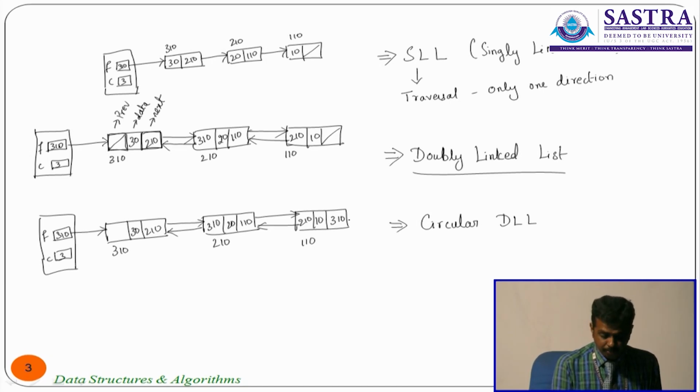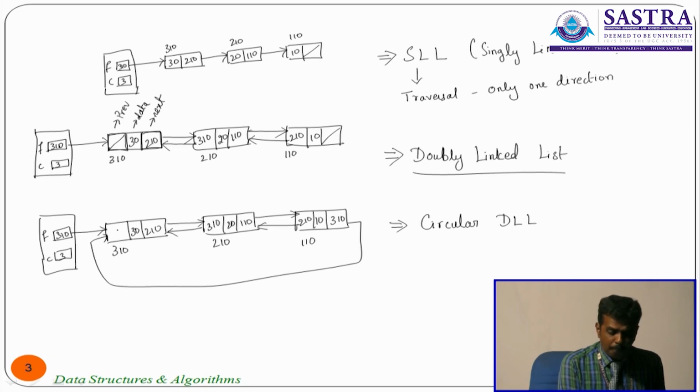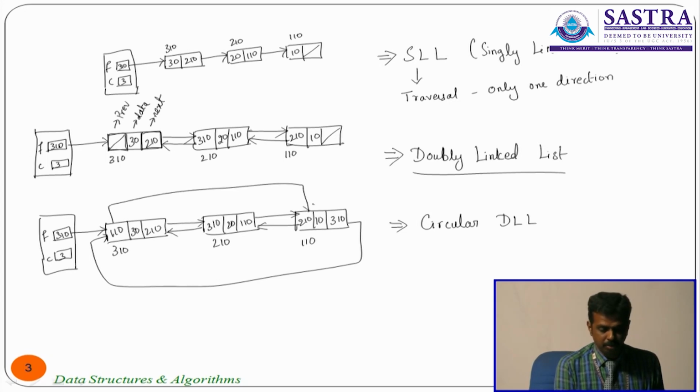Similarly, for the first node, the previous will be the last node, 110. So both directions will be there: the first node is linked with the last node and the last node is linked with the first node, so the nodes are arranged in a circular way.